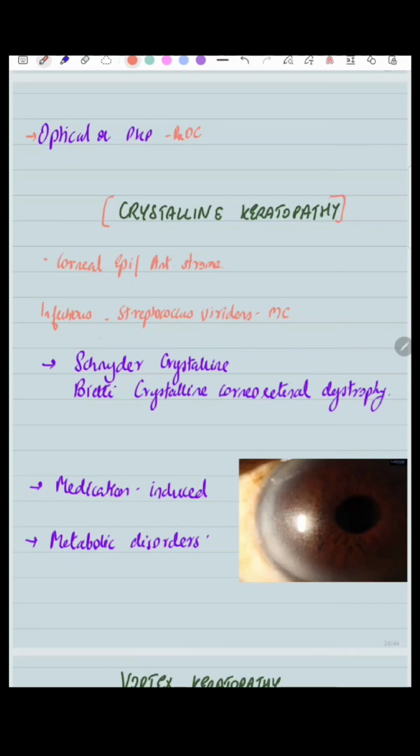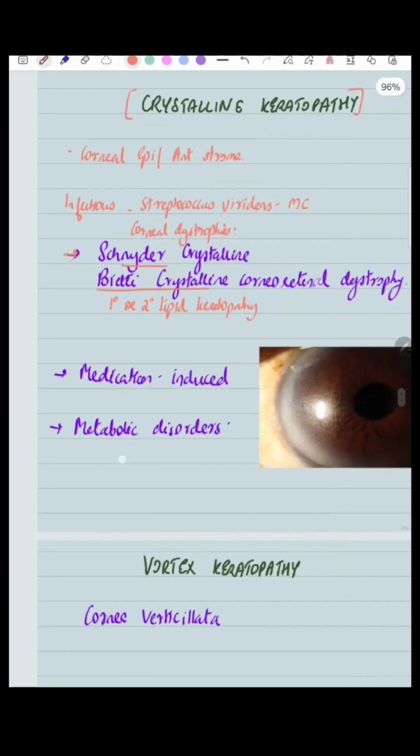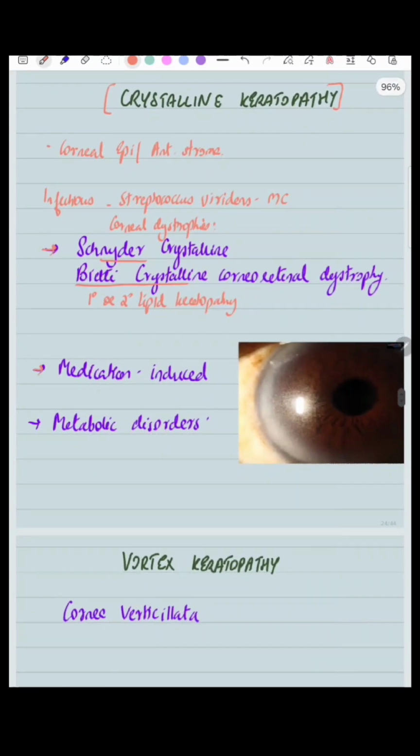Corneal dystrophies associated with crystal deposits include Schnyder crystalline corneal dystrophy, Bietti crystalline corneoretinal dystrophy, or primary or secondary lipid keratopathy. Medication induced can also be seen; the medication is topical fluoroquinolone.